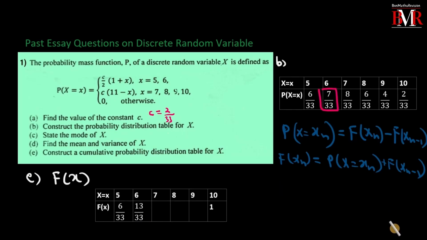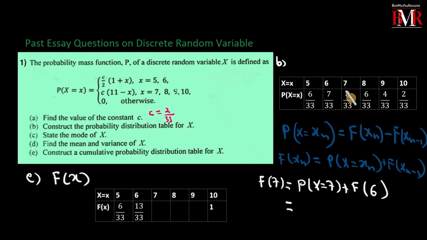Now F of 7 from this formula is equal to the probability of x equals 7 plus the cumulative value of 6. That is, the probability of x equals 7 is this value plus the cumulative value of 6, which is this. That means I will have 8 over 33 plus 13 over 33.